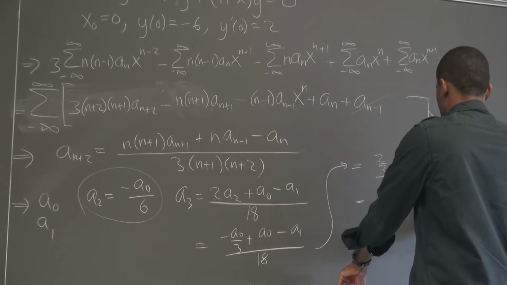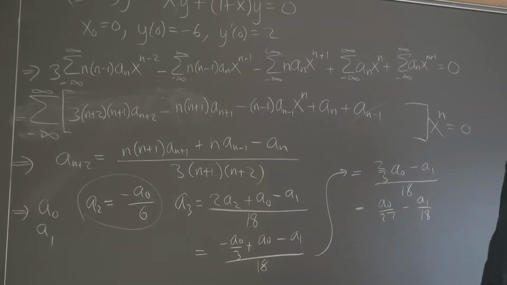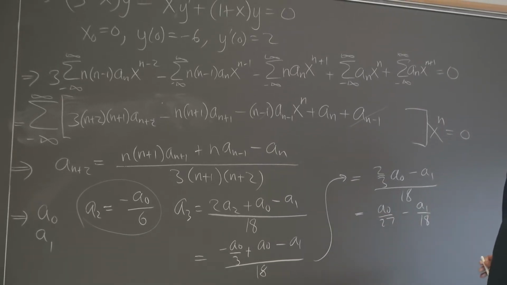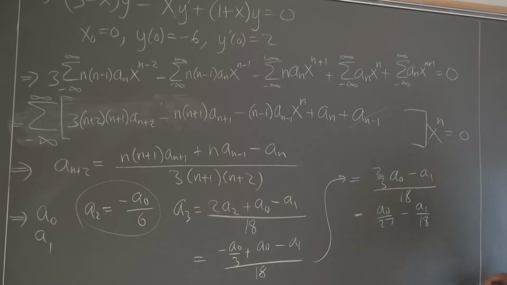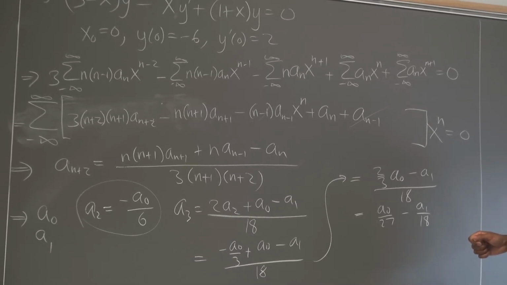I seem to remember getting a minus 2 over 27 here. Yeah, it was minus. So what happened here? Why did we lose a sign?